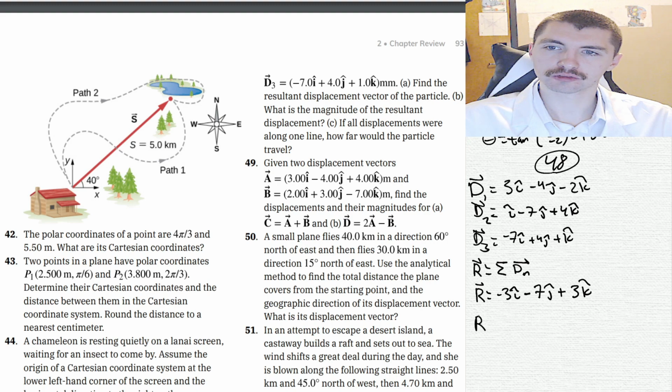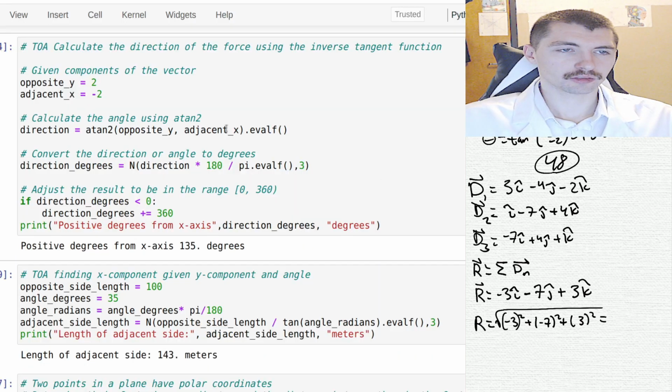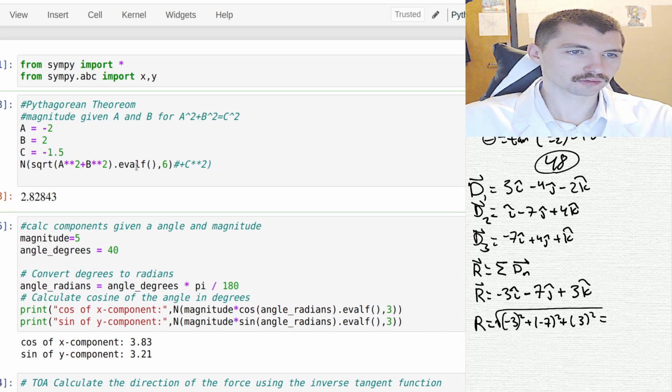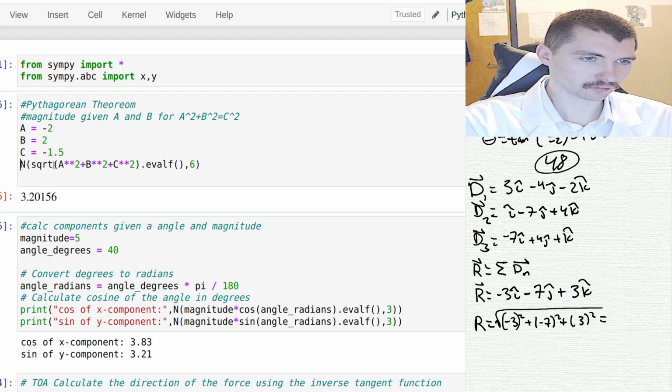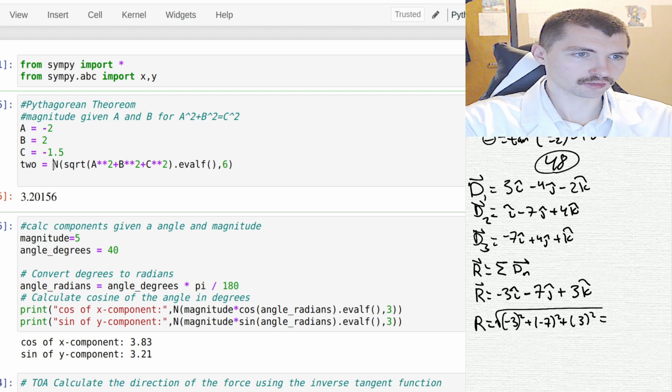Magnitude. Okay. Since it's kind of tedious doing this, I'm going to write three, let's say two, and three.